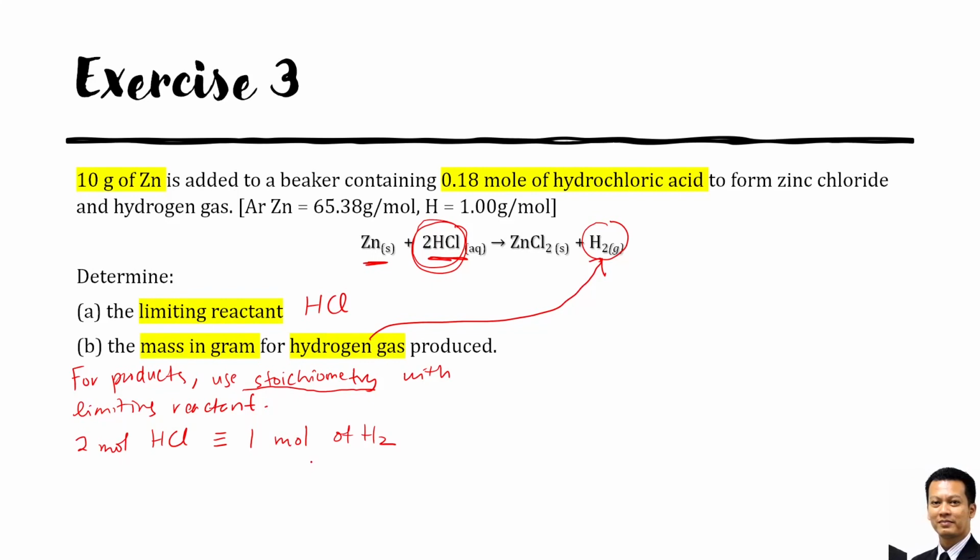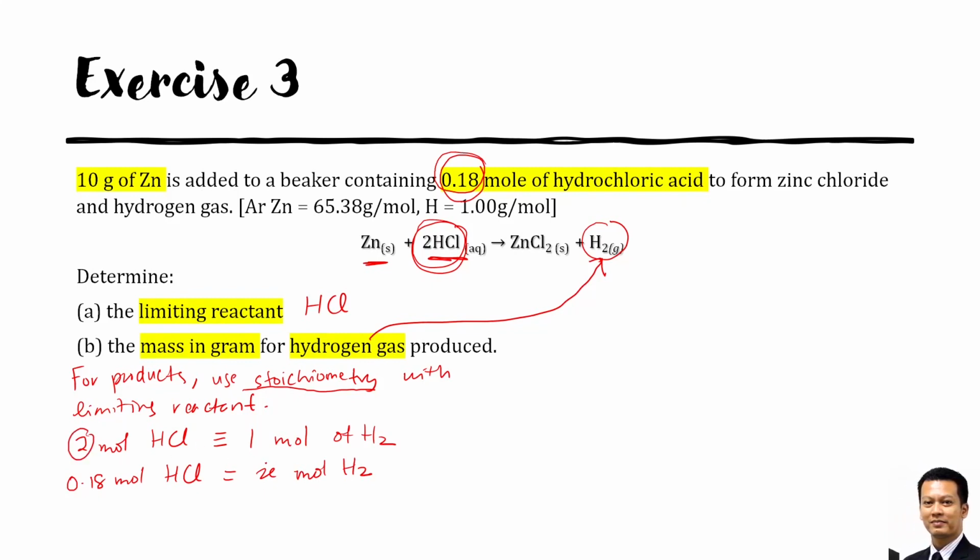So HCl is the limiting reactant, and the number of mole is already given, 0.18. So you just write down 0.18 mole of HCl. How much H2 will it produce?